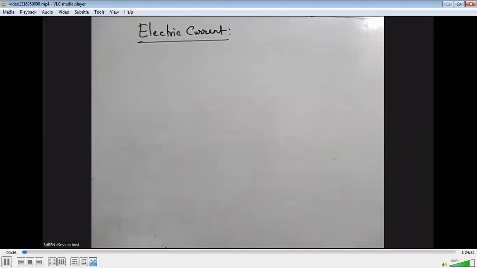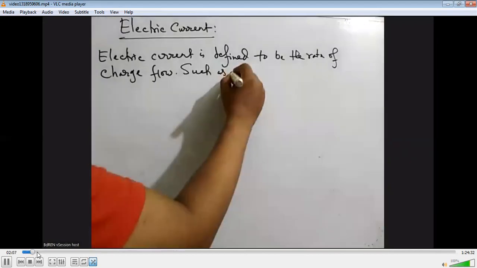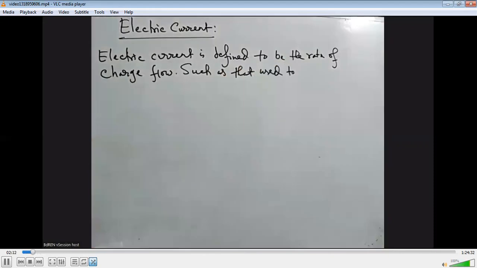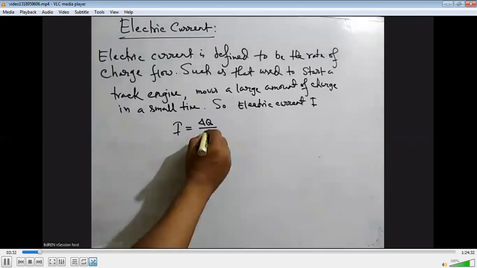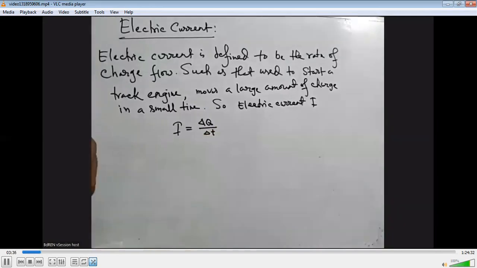So first of all, what is electric current? The electric current is defined to be the rate of flow of charge, such as that used to start a truck engine, which moves a large amount of charge in a small time.